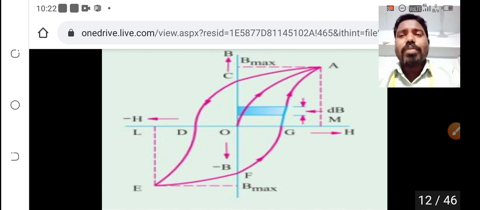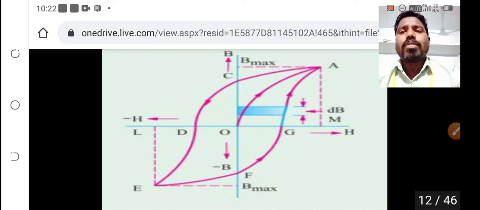So in a complete cycle, both retentivity, also called remanent property, and coercivity are introduced in this complete loop.